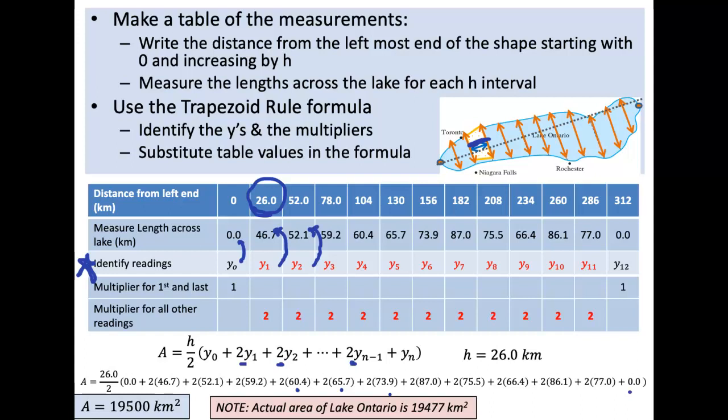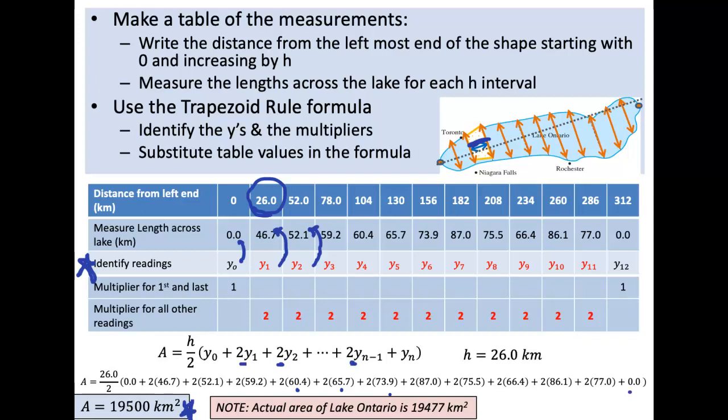When we work all of this out, our answer is 19,500 kilometers squared. Now, that's an approximation, but the actual area is 19,477 kilometers squared. So this trapezoidal method gives us a pretty good approximation for the area of this irregular shaped figure.